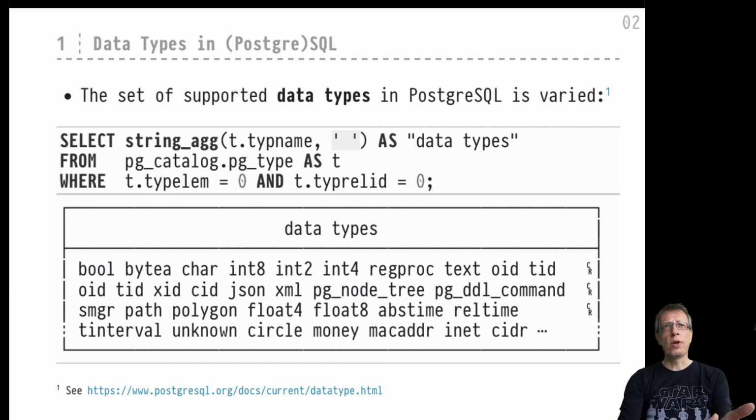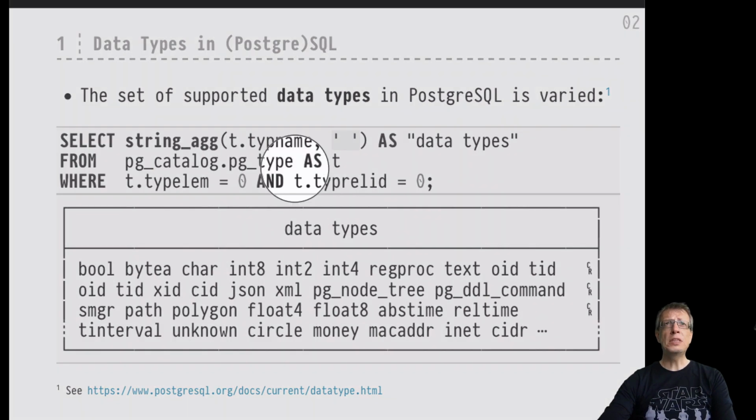First, as I told you, there is more to types in table cells than just booleans and text and numeric types. And if we query the PostgreSQL meta level, so the system catalog, the table that Postgres maintains to organize itself, then of course we can also discover information about the available types there. And this is exactly what the pg_type catalog table can tell you.